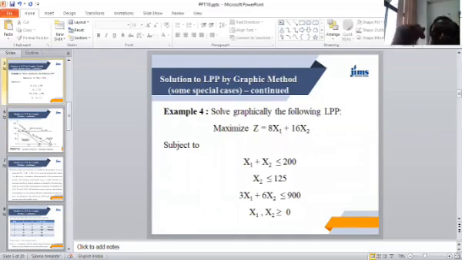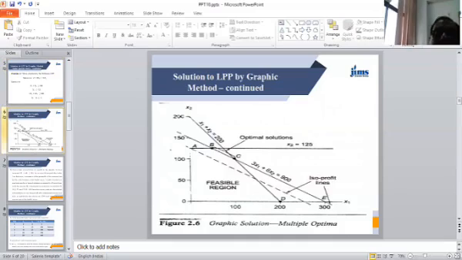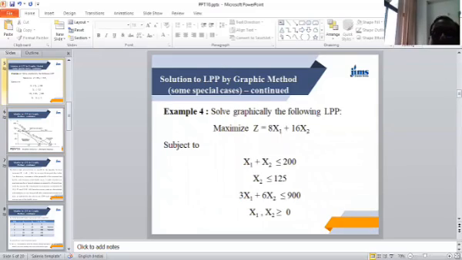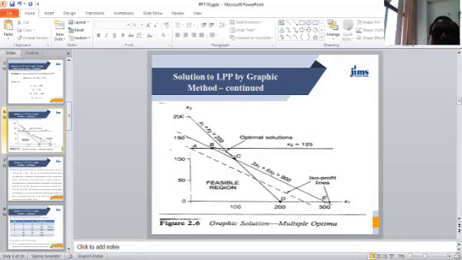Now, x1 plus x2 is to be less than or equal to 200. What does it mean? Any point above this line will be x1 plus x2 greater than 200. So for the condition x1 plus x2 less than or equal to 200, the solution will exist always below this line or up to this line.